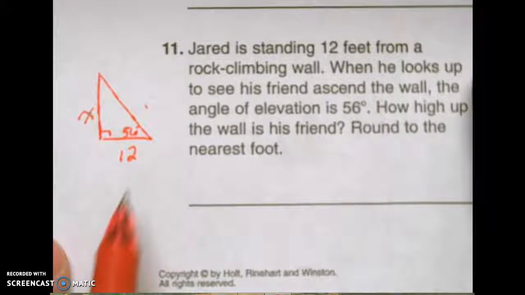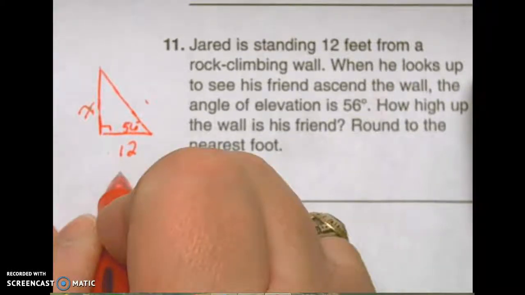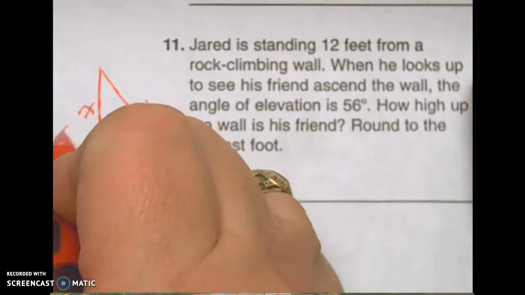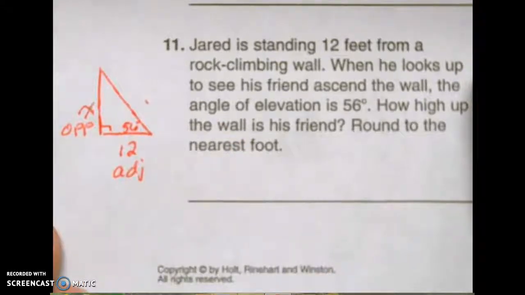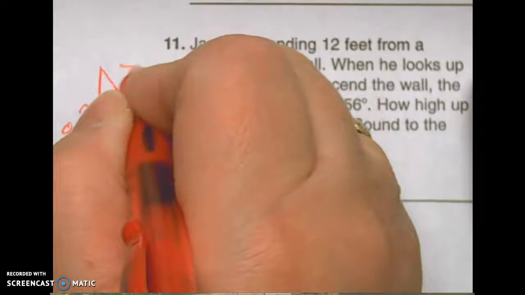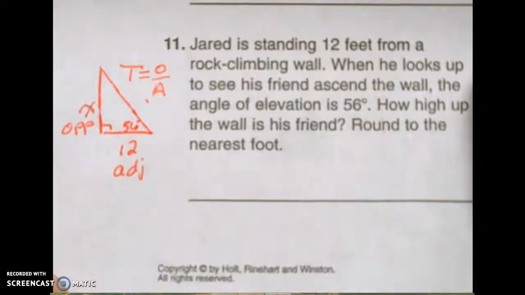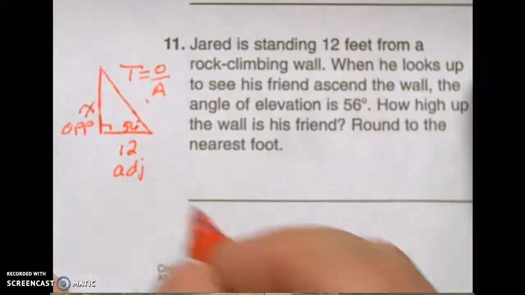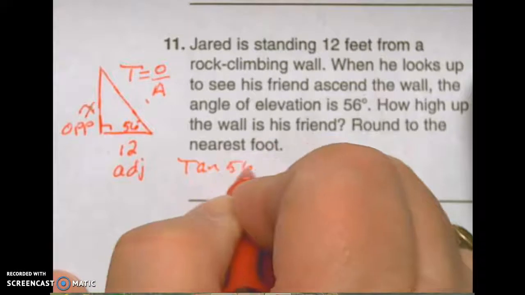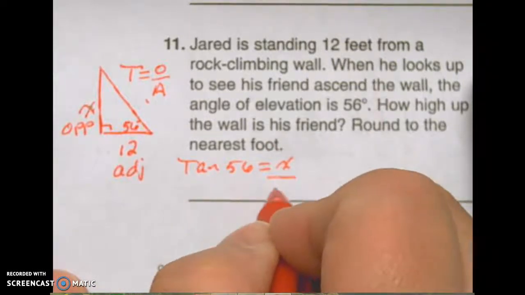So with respect to my 56 degrees, I have my 12, which is adjacent, and the x that I'm looking for is opposite. So I know I'm going to use my tangent function, because that TOA, T equals O over A. And when I set up that problem, I'm going to set it up as the tangent of 56 degrees equals the x that I'm looking for over the 12 that I have.